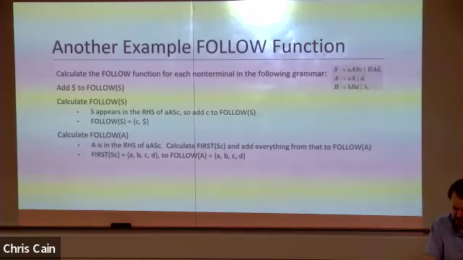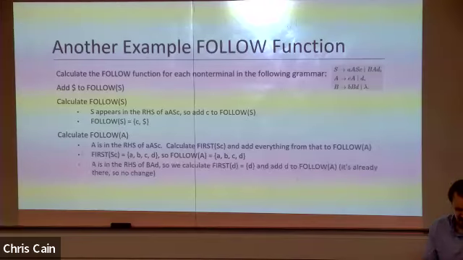We still have to consider every other place that A shows up on the right-hand side. So it's on the right-hand side of capital B, capital AD. So first of this lowercase d is just D. We add it to follow of A. It's already there.